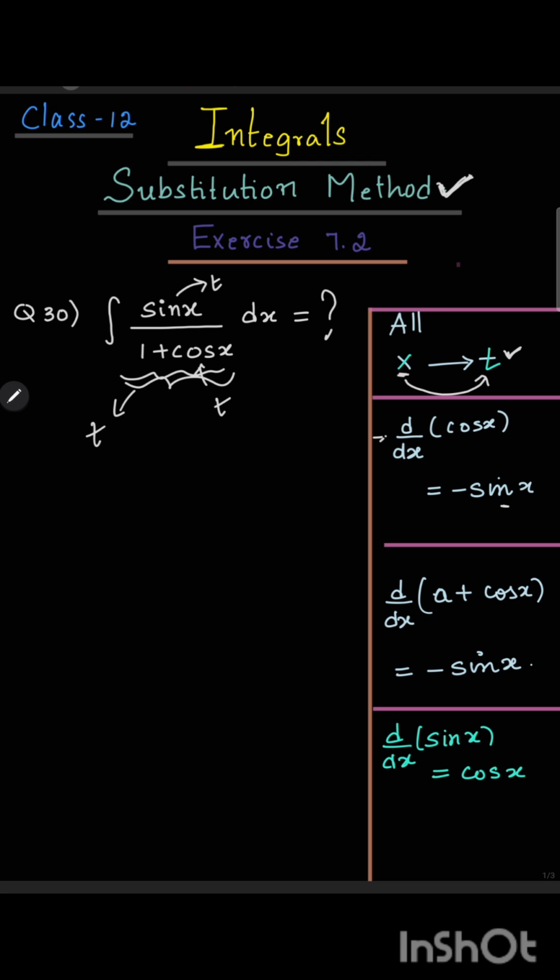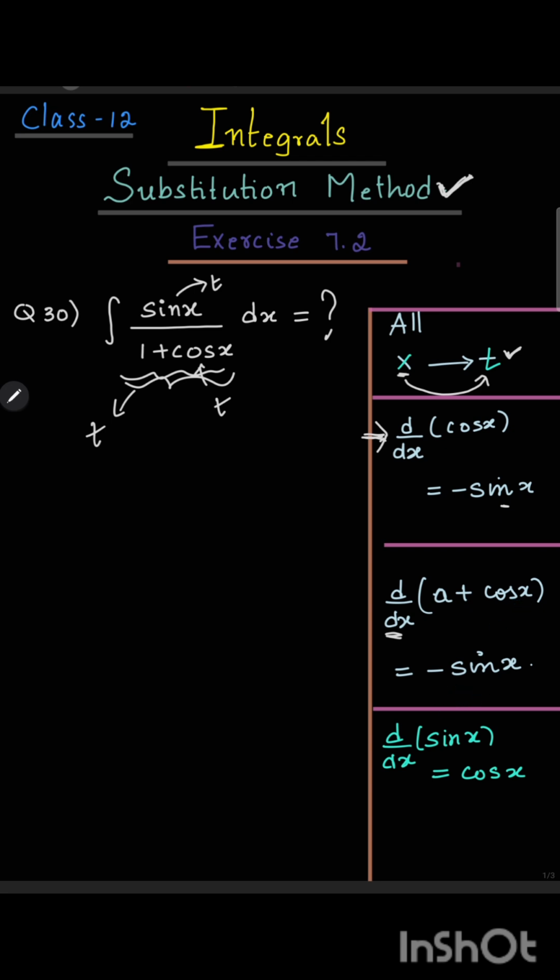So let us analyze here. We know there is a relationship between sin and cos. If we differentiate cos x, we will get minus sin x, right? But what if we differentiate constant plus cos x? Even then we will get minus sin x.